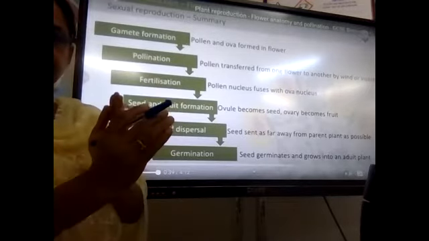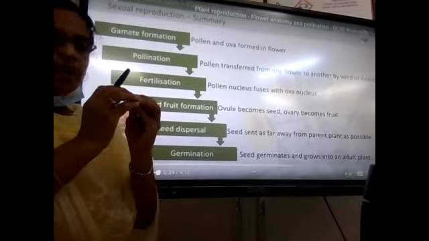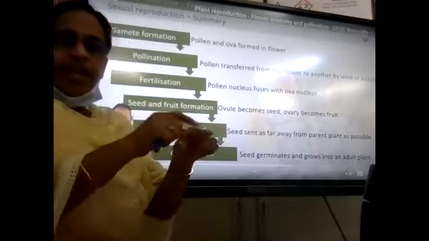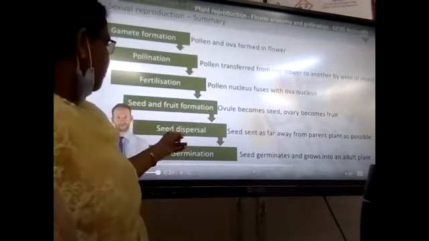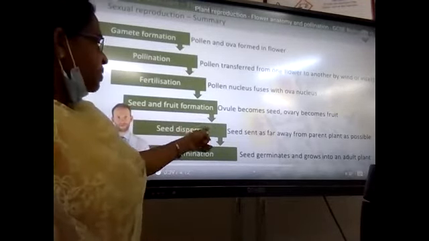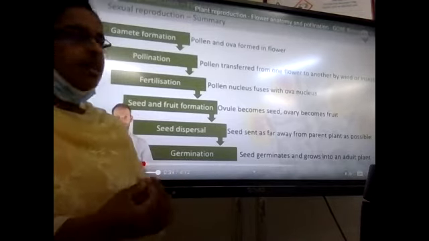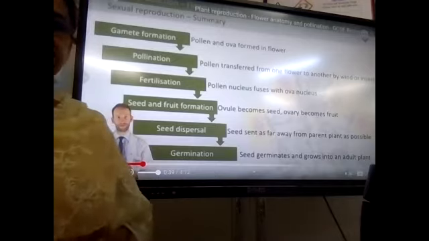That means the female cell and male cell both have to be joined together. Then when they join together, the fertilized egg cell becomes the seed and the ovary around it becomes the fruit. So I will show you the parts. Next is seed dispersal. That means the seed has to be sent as far away from the parent plant as possible. And then next is germination.